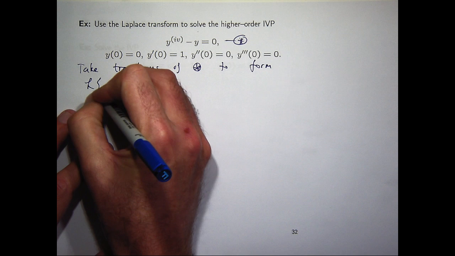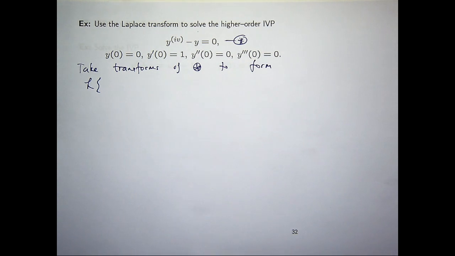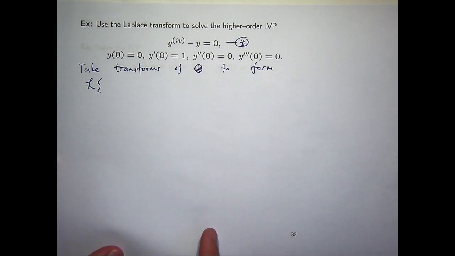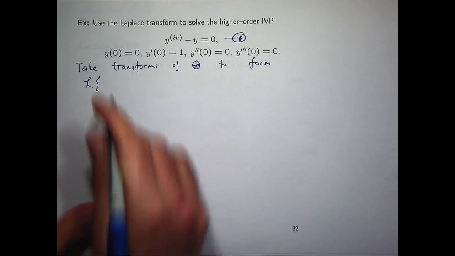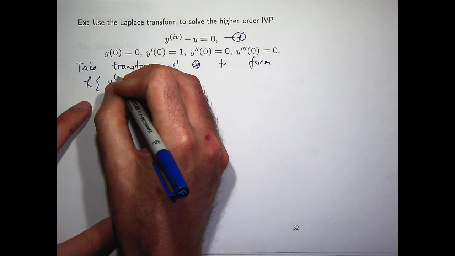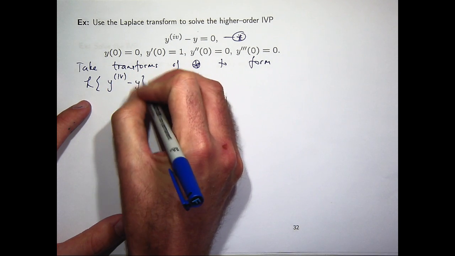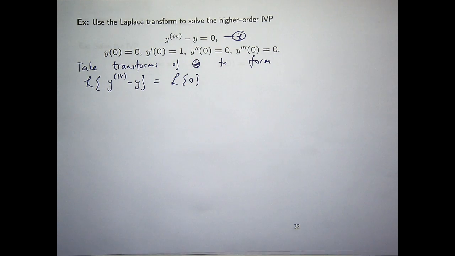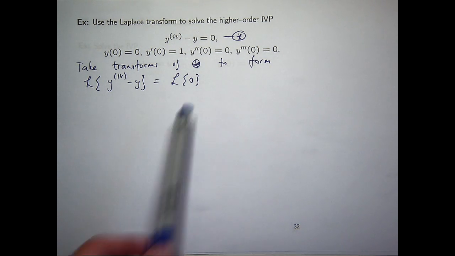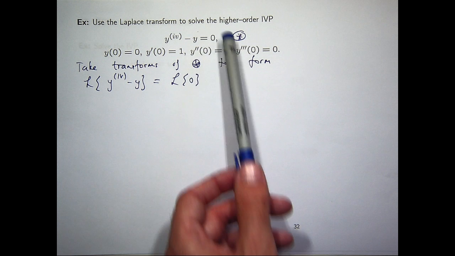Okay, so now you might want to draw a line down here because there's a fair bit of writing to do here. So let's take our Laplace transform of both sides. Now the Laplace transform is a linear operator, so I can break up that left-hand side into two bits. Here I've got a pretty simple right-hand side, just 0.